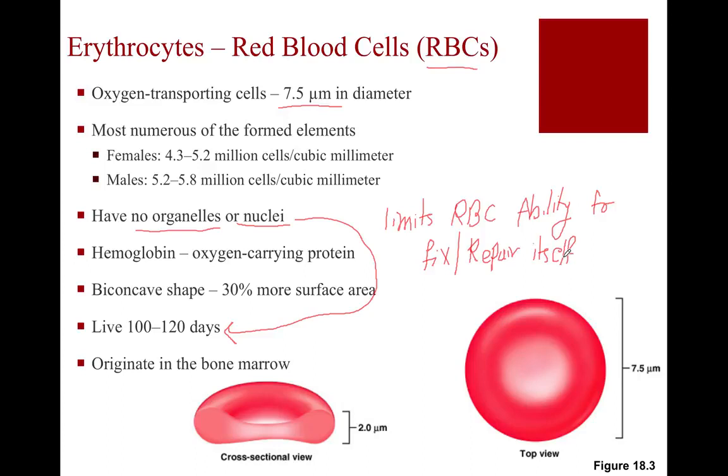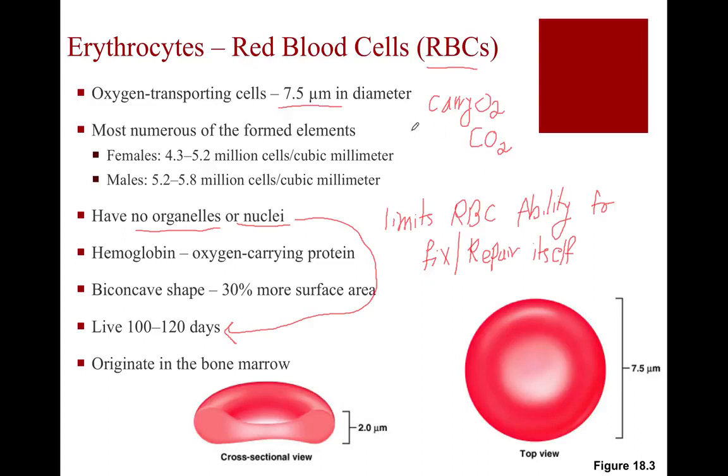What is the main job of red blood cells? As we mentioned earlier, it is to carry O2. They also carry CO2, as you will learn, but the main function is again carrying oxygen in the form of the oxygen molecule.